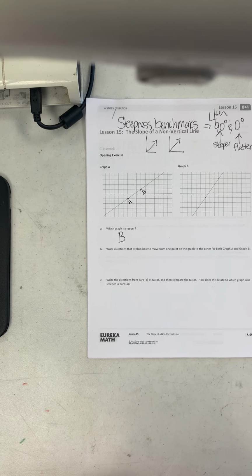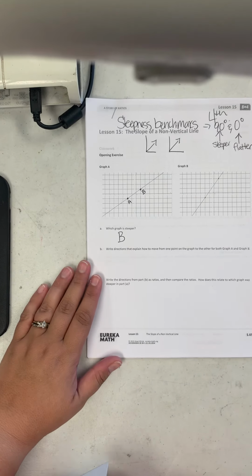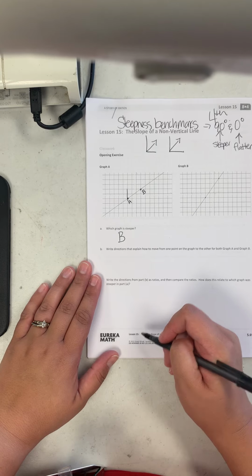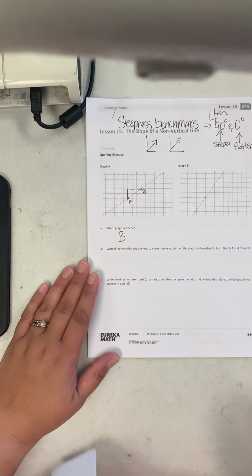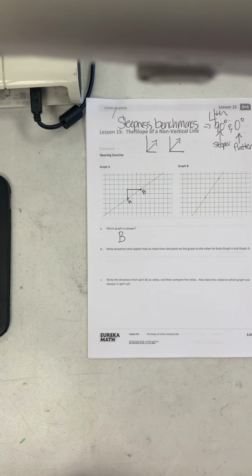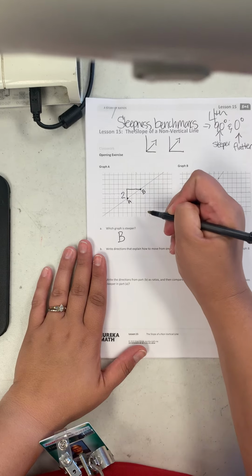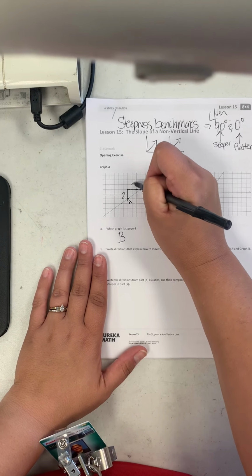How would you do it? Could I move up 2 and over 3? Could I? So effectively, I rose 2 and ran 3.